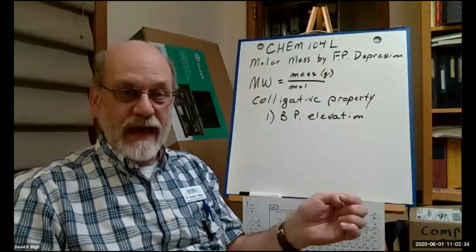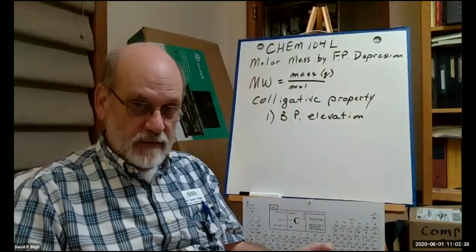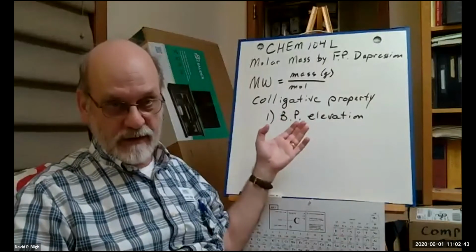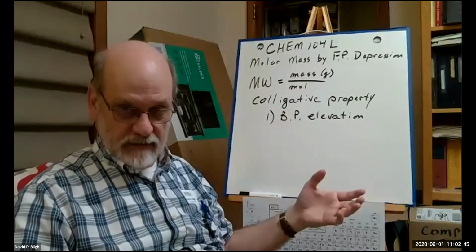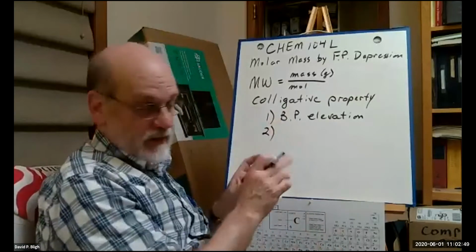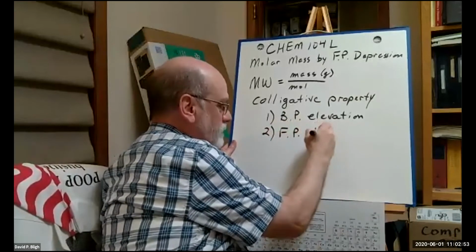And if you add some solute to that solvent, it tends to elevate the boiling point of the solvent. The one we're interested in is freezing point depression.